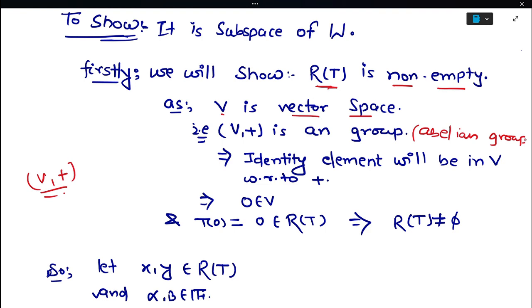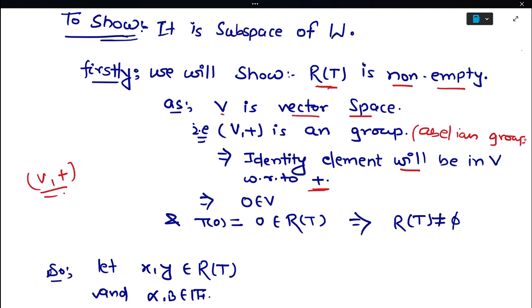So the identity element will be in V, since a group always contains an identity element with respect to the operation.